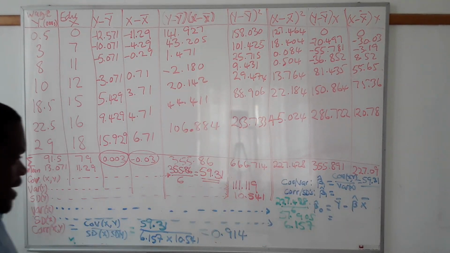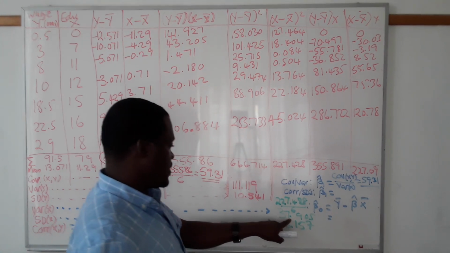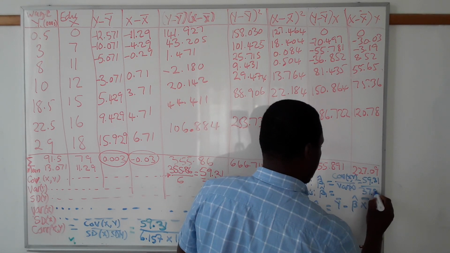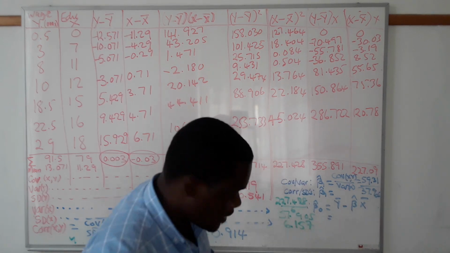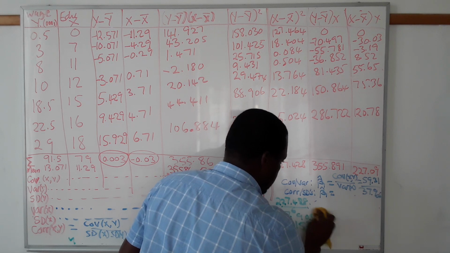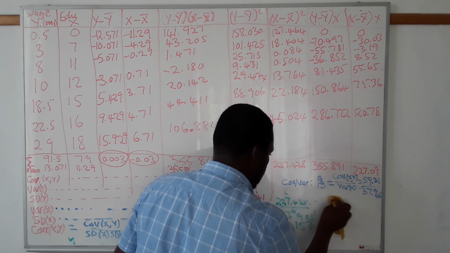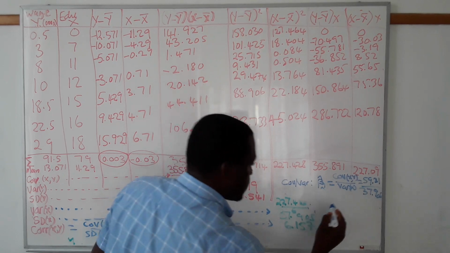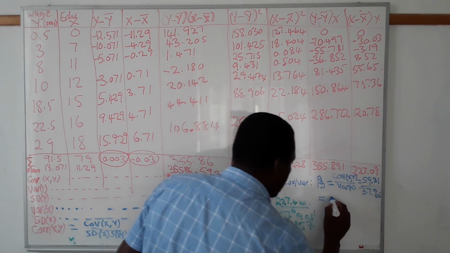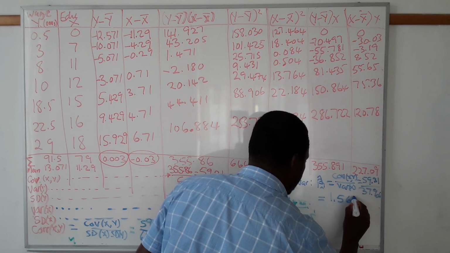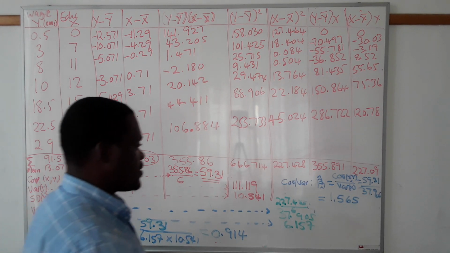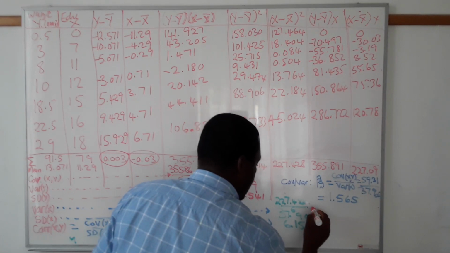And you divide that by variance of x, which is 37.905. Now let me just remove this one for beta naught to have space to continue writing. If you simplify this, you will see that you get something like 1.565.